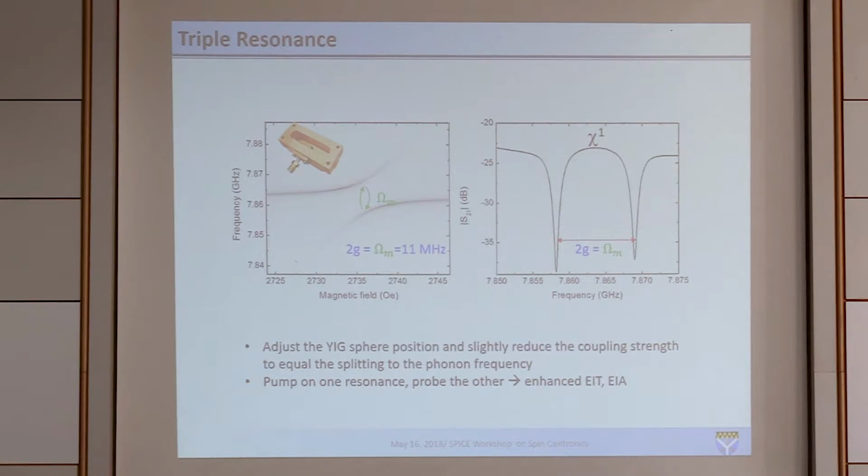And at one magical position, this splitting matches your mechanical mode, which is 11 megahertz. Actually, it's not that magical because you have tunability. You can work out exactly 50-50% hybridization, or a little bit different hybridization. You can tune this gap over here, okay?